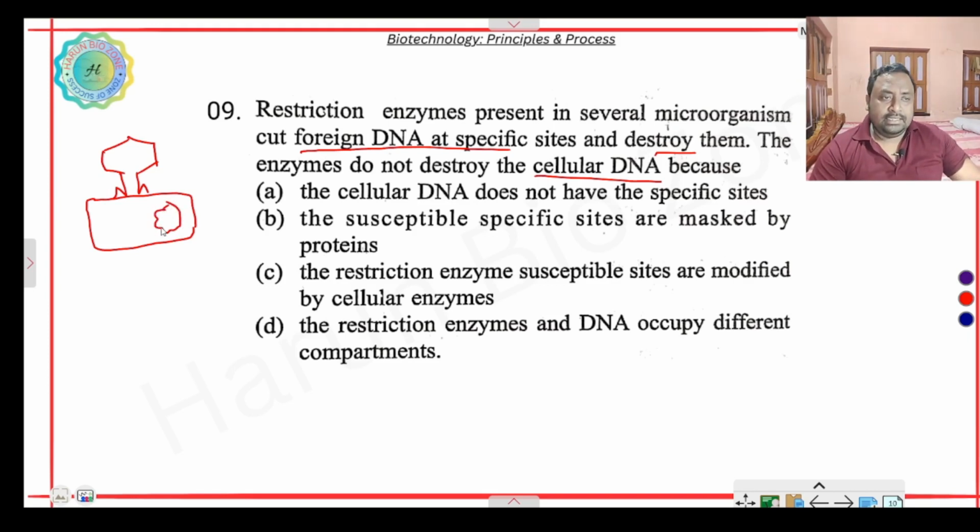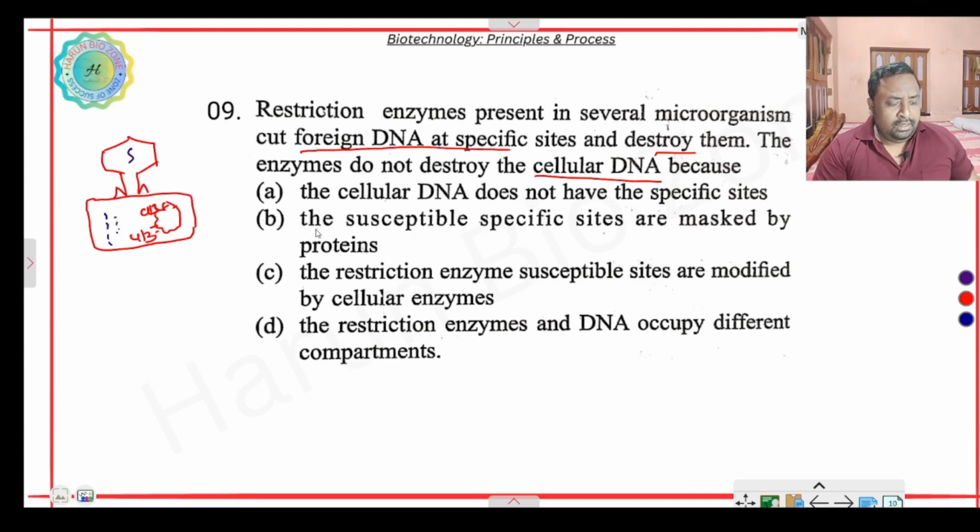First, this enzyme methylates the bacteria's own DNA, and second, it fragments the foreign DNA. So the cellular DNA does not have the specific site.